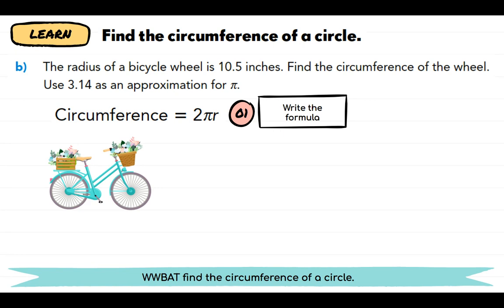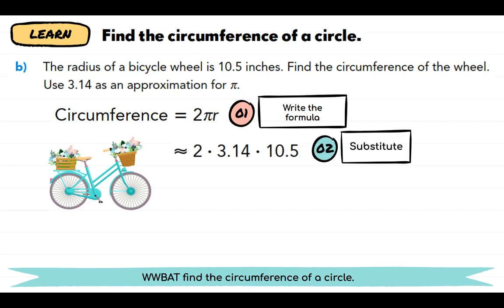The next step is to substitute the letters with the values. So now I have 2 times pi, which is 3.14, since they said to use 3.14 as an approximation for pi, times 10.5, which is the radius of the bicycle wheel. So now I have 2 times 3.14 times 10.5.